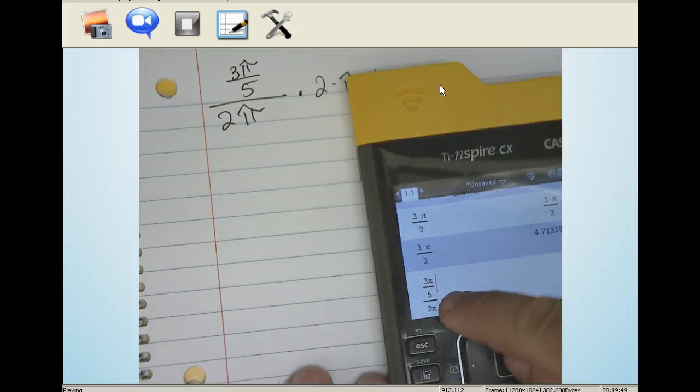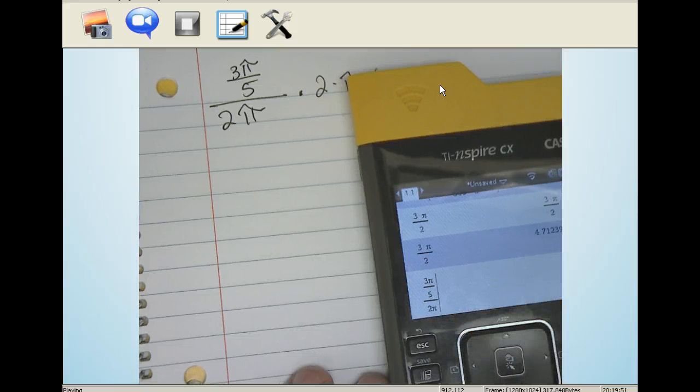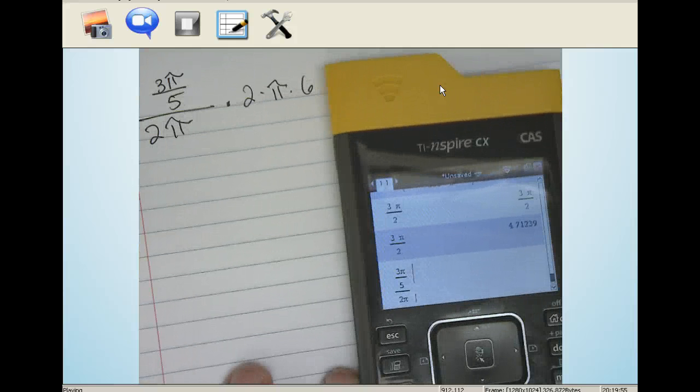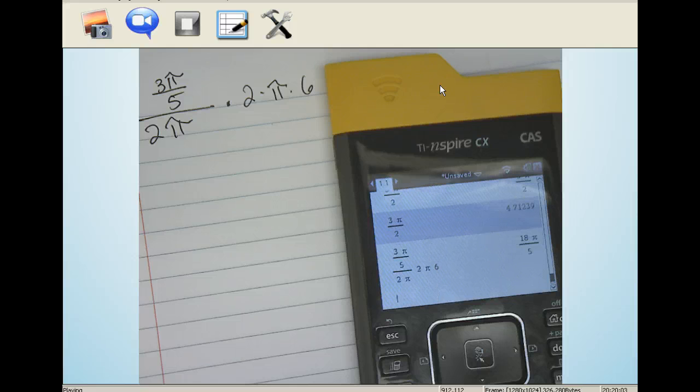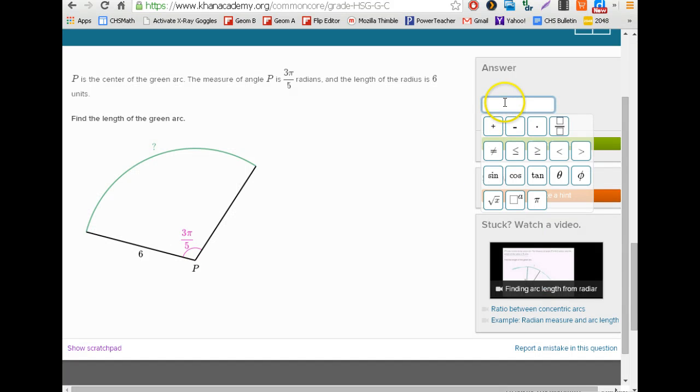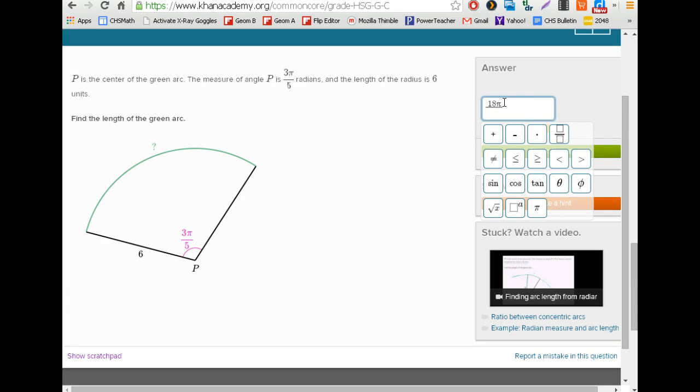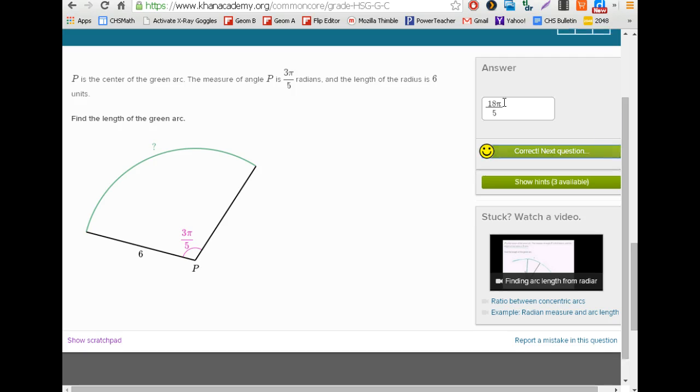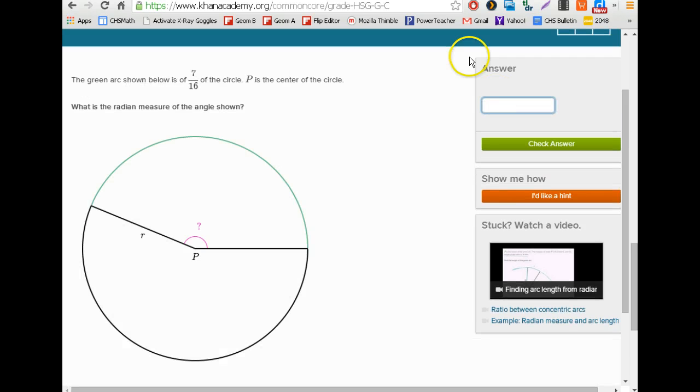I know that's not a formal representation, but the calculator understands it, so that's good. Times 2 times pi times 6. And I can hit enter, and I get 18 pi over 5. So let's put that in: 18 pi over 5. And that's how that's done.